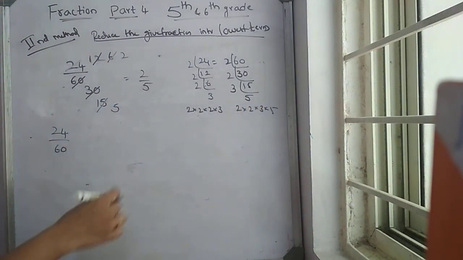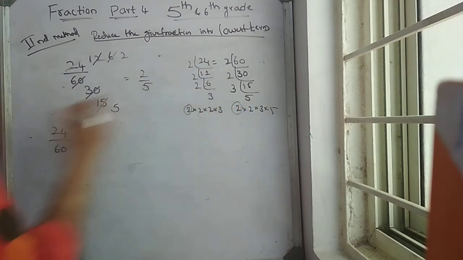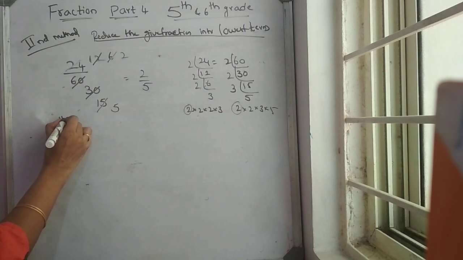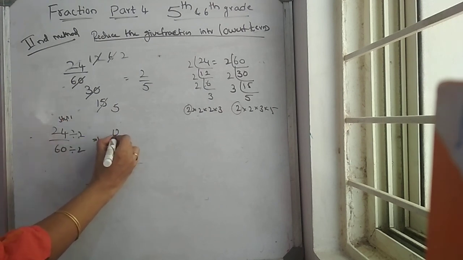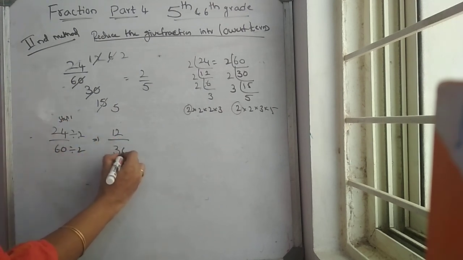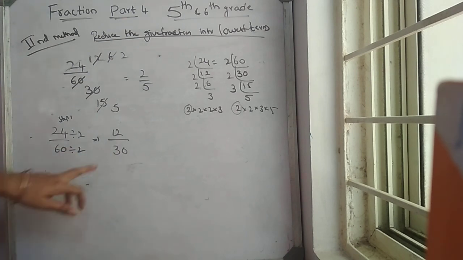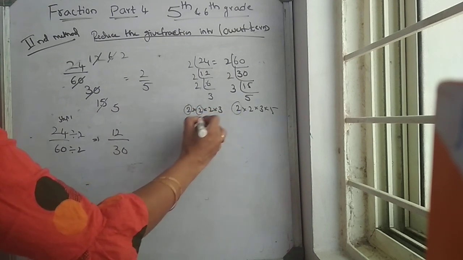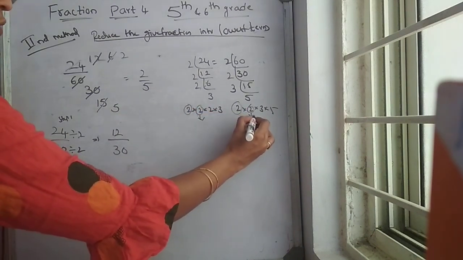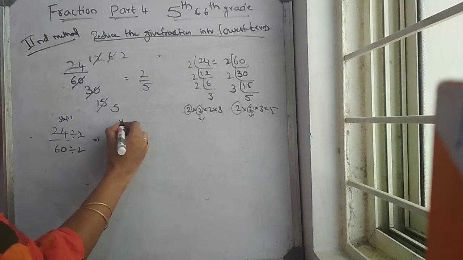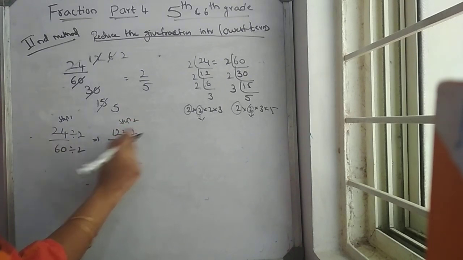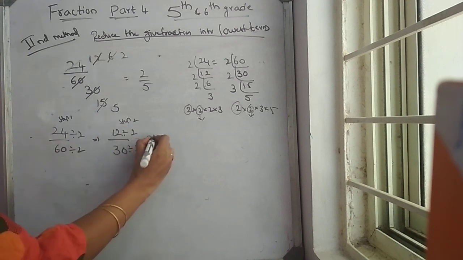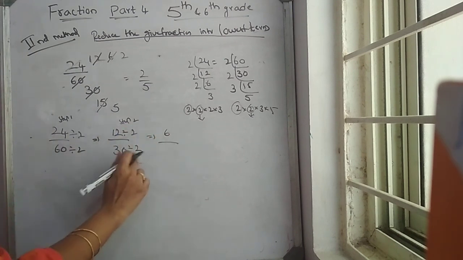In step 1, the first common factor is 2. Take divided by 2. This is step 1, I am writing everything clearly. 24 by 2 is 12, 60 by 2 is 30. Again in step 2, what are the common factors? Again 2. You will get some result, and you can again divide by the second common factor: 2 6s are 12, 2 15s are 30.